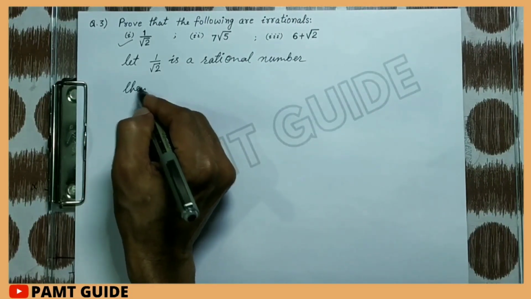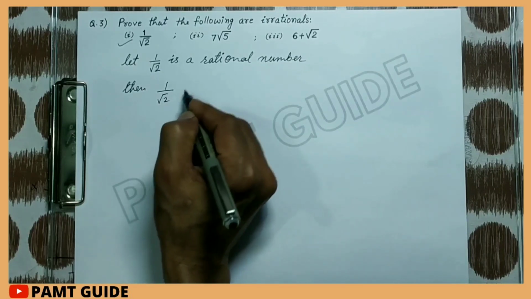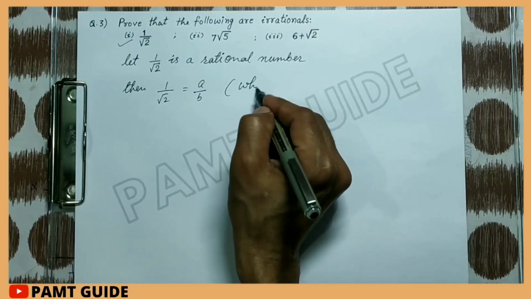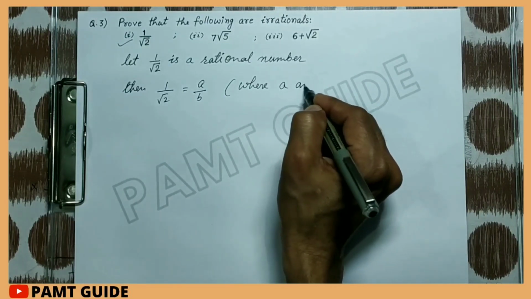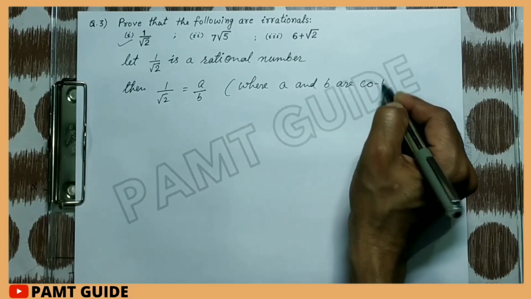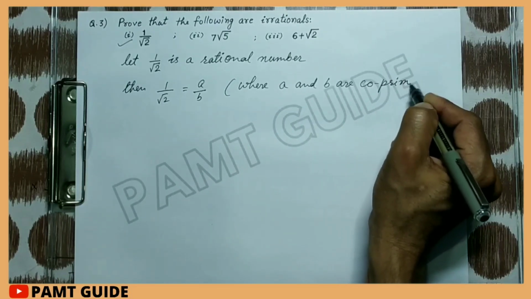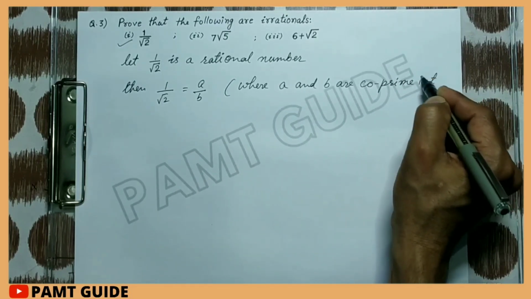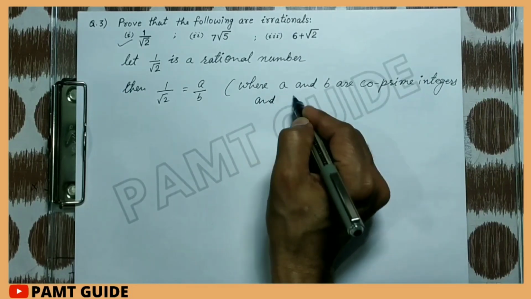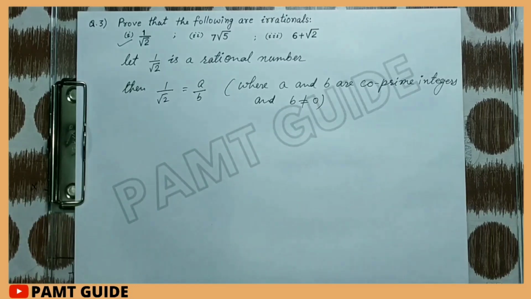Then 1 by root 2 equal to a by b, where a and b are co-prime integers and b should not be equal to 0.